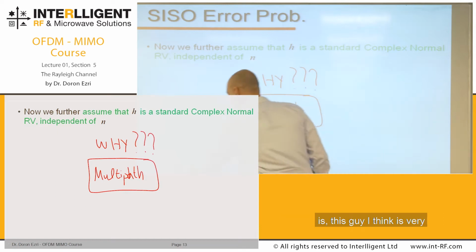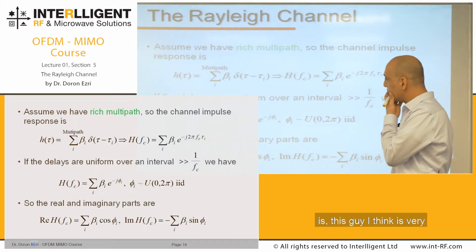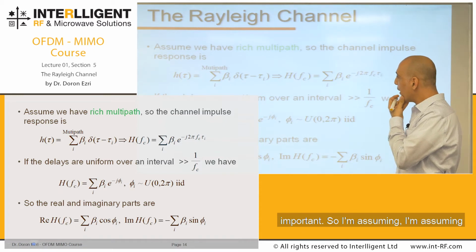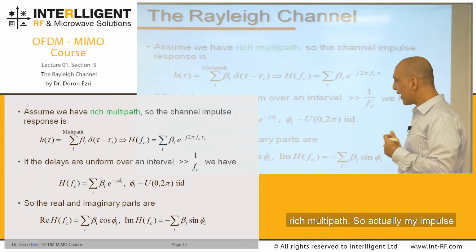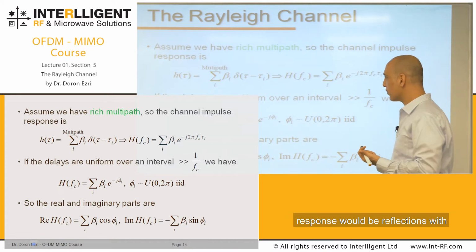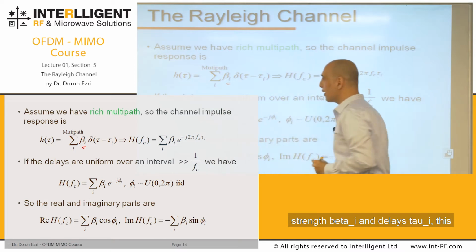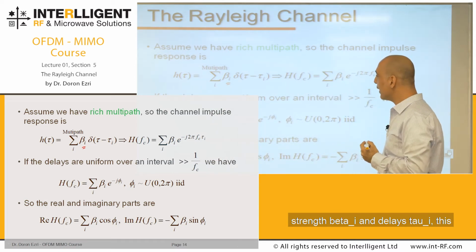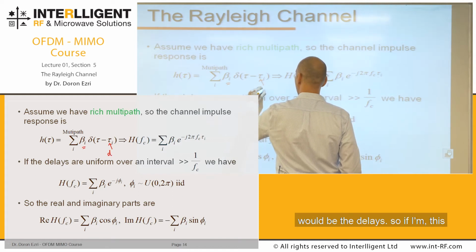Let's take a look. This, I think, is very important. So I'm assuming rich multipath. So actually, my impulse response would be reflections with strength beta i and delays tau i. This would be the delays.